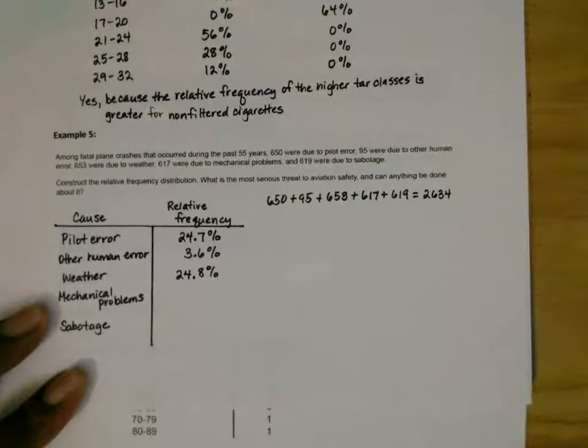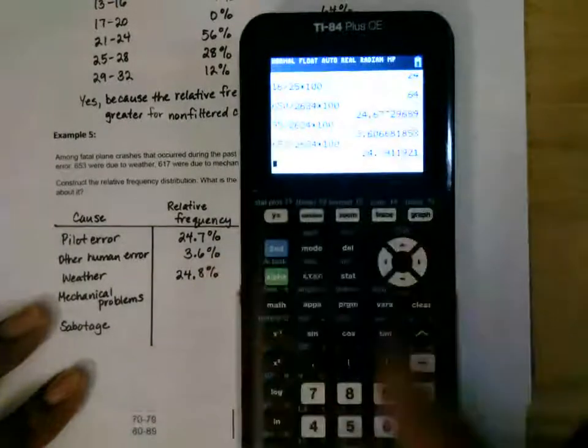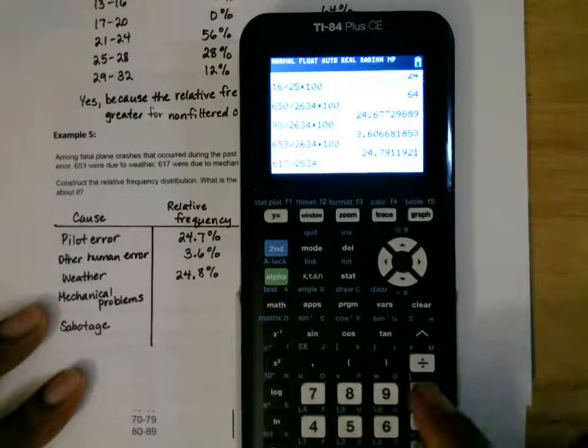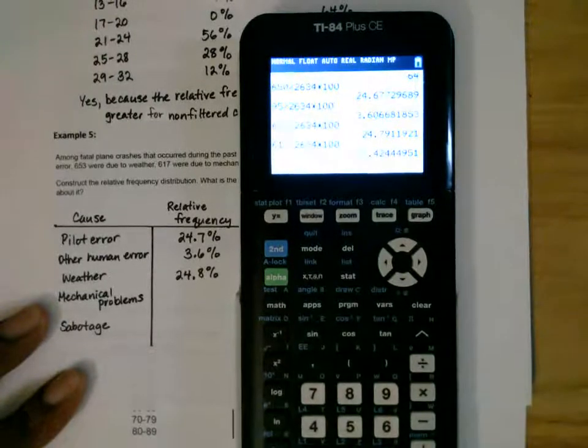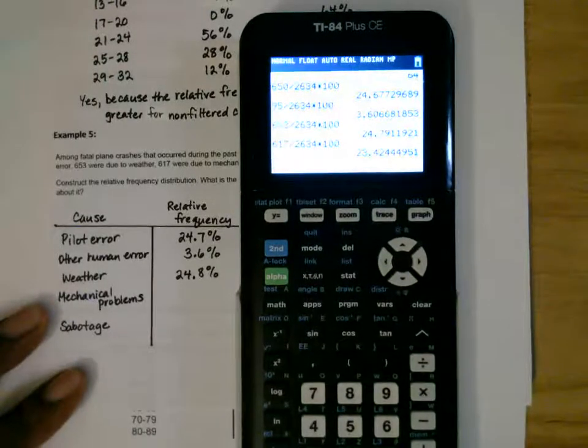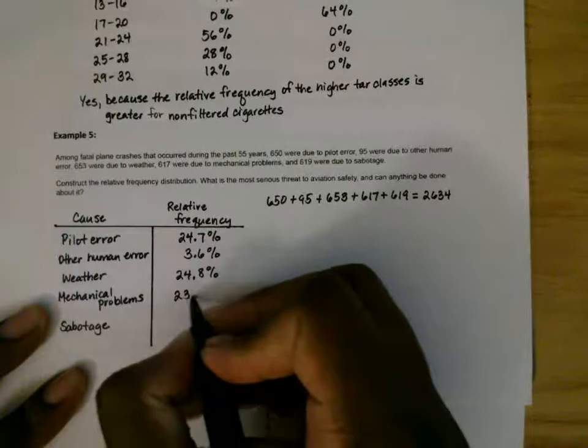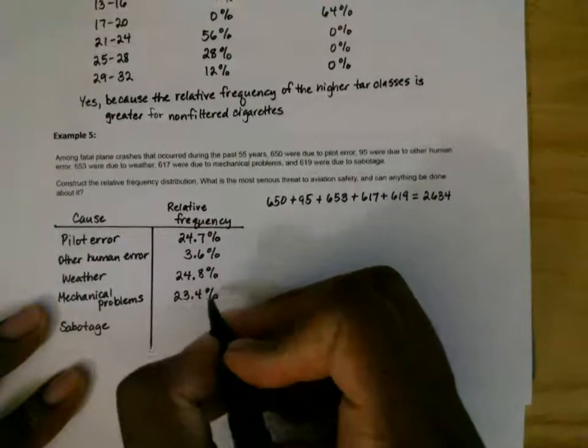And for mechanical problems, there were 617 crashes that were due to mechanical problems. So 617 divided by 2634 times 100. This will be approximately 23.4%.